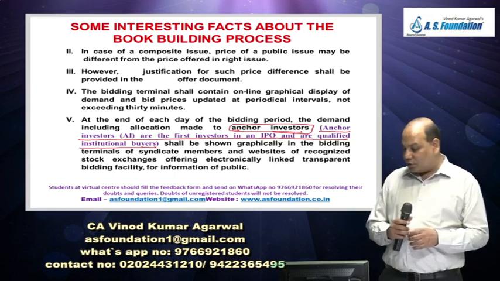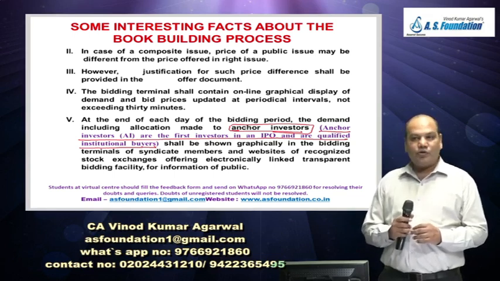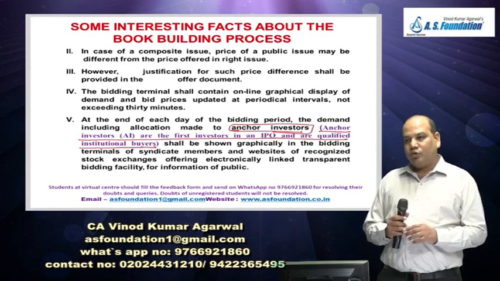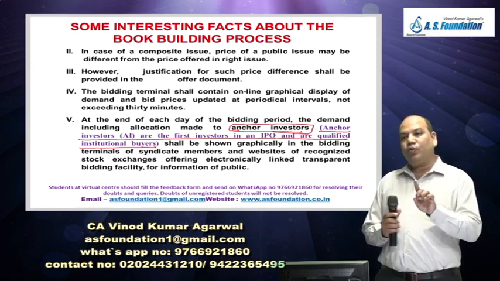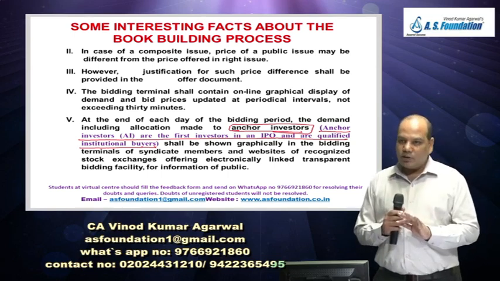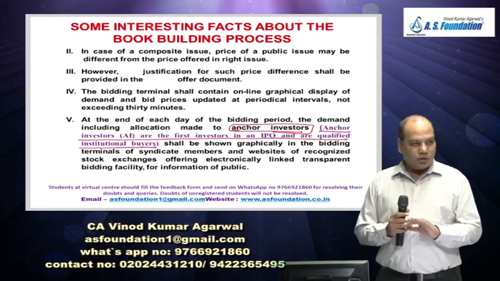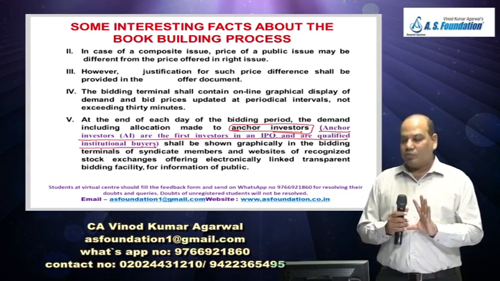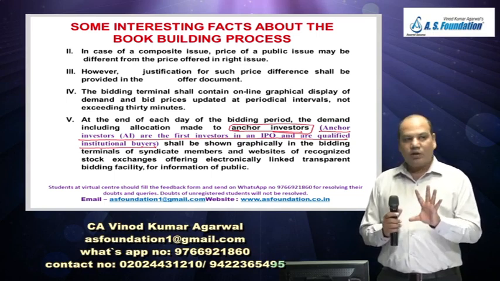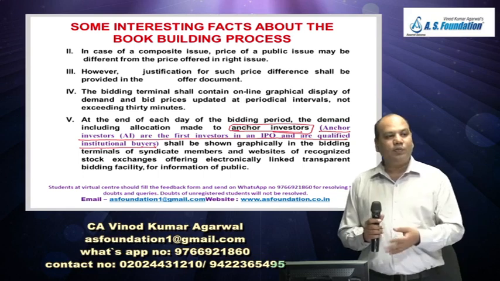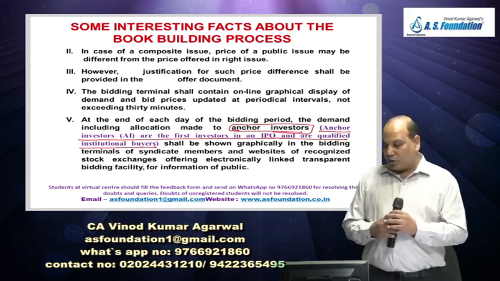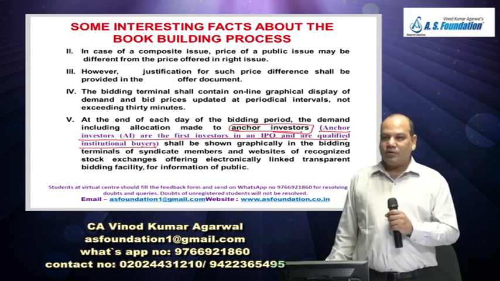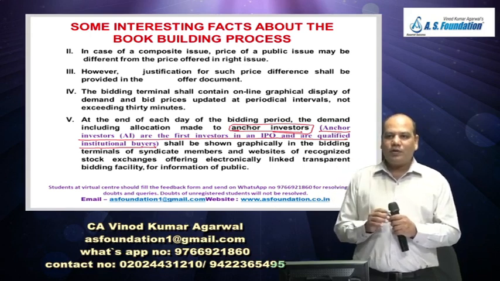So these are the first investors in an IPO and are qualified institutional buyers. So they are issued share 1 day prior to opening of the IPO. In order to bring confidence in the investor, some qualified institutional buyers are allotted share 1 day before the opening of IPO. These are sophisticated investors, highly qualified investors.